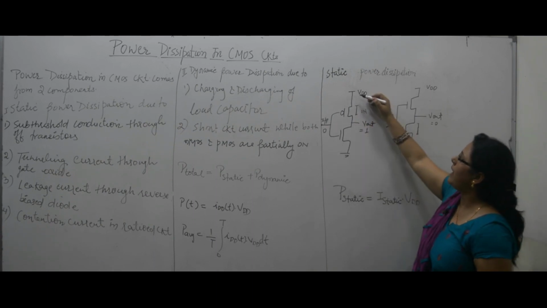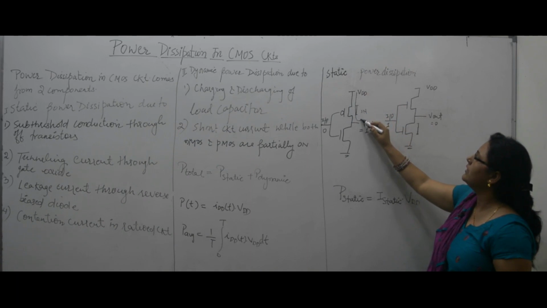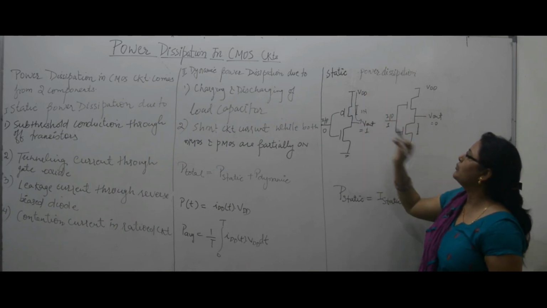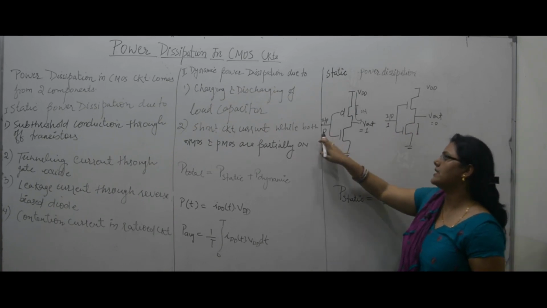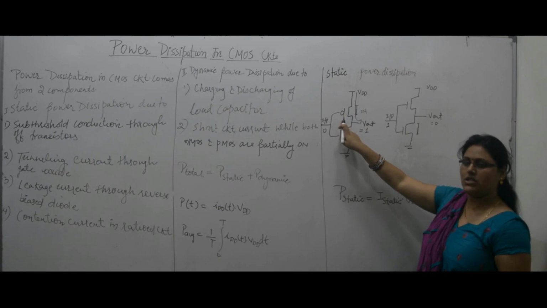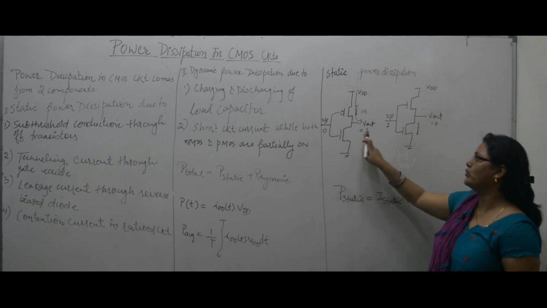So we have a path from the supply voltage to the output node, and the output voltage is equal to VDD, which is logic 1.